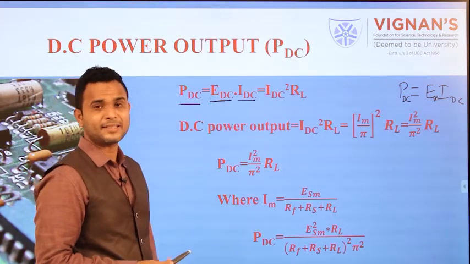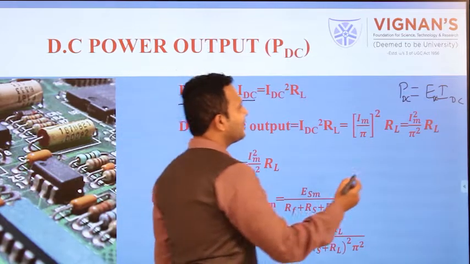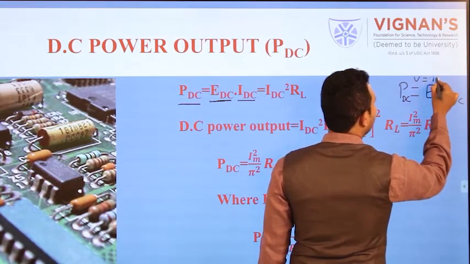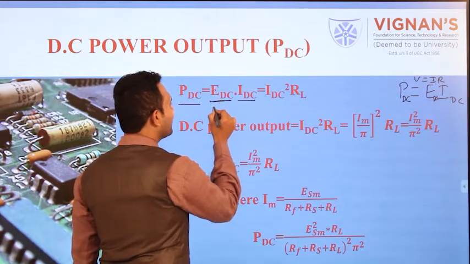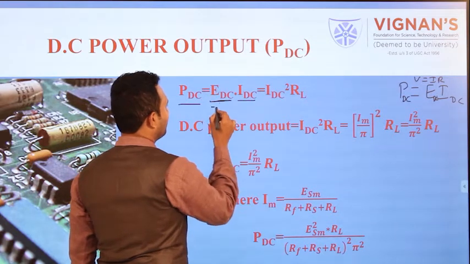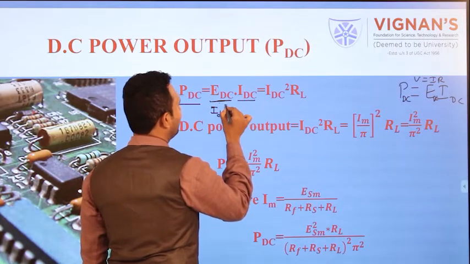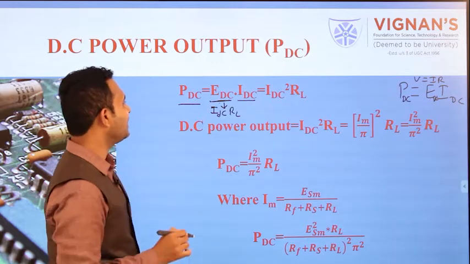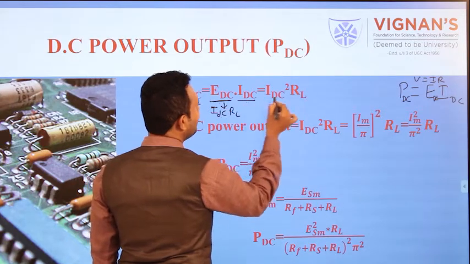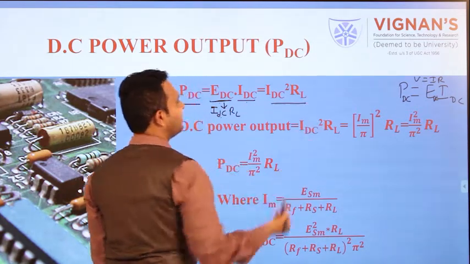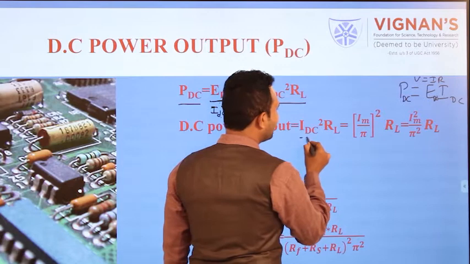Voltage equals I into R only, so EDC is IDC into RL. Then finally PDC is IDC into IDC into RL, so the final expression is IDC square into RL.